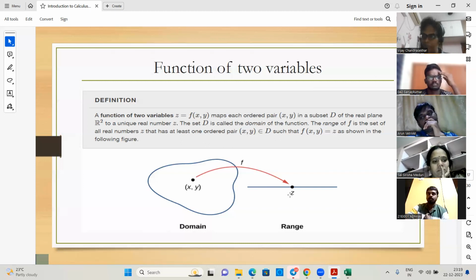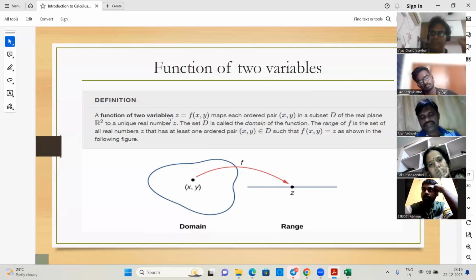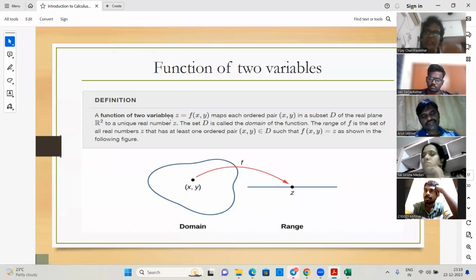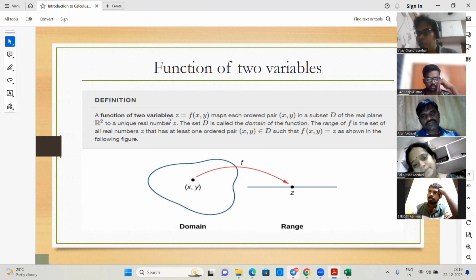Why? Because yes, there are two variables here, but eventually what the function is going to do is map to only one number. That one number will be some number on the real line. We don't know what number it is, but it will be some number on the real line. It could be root 3, it could be 0, it could be negative 75, it could be 10,25,002.